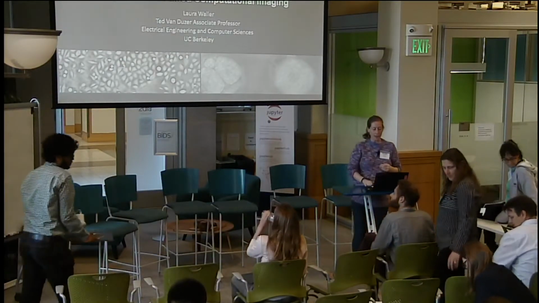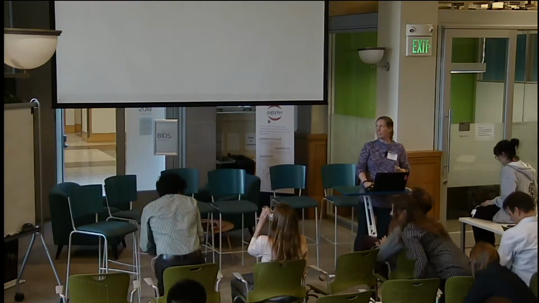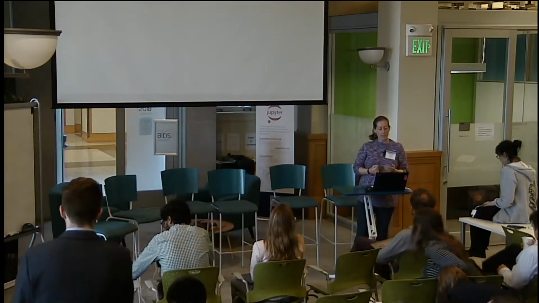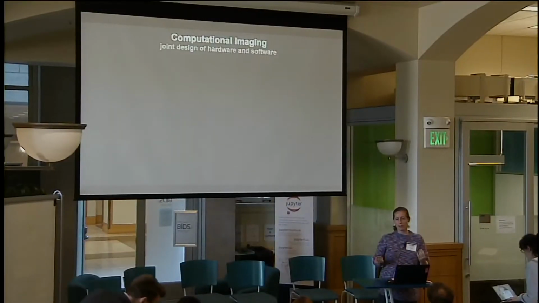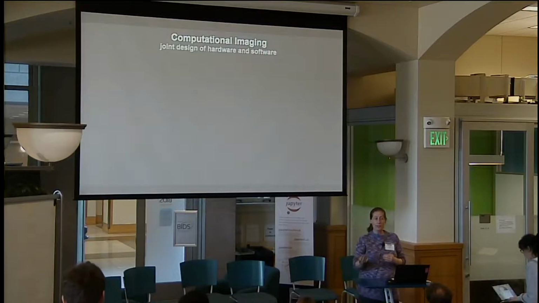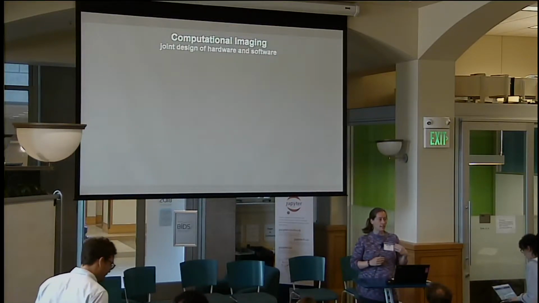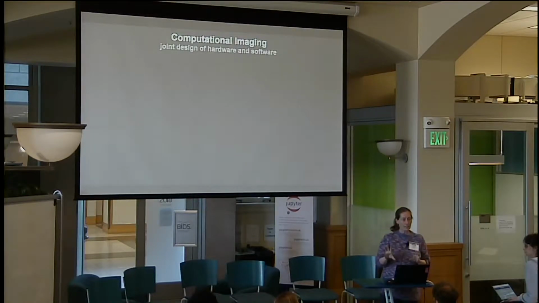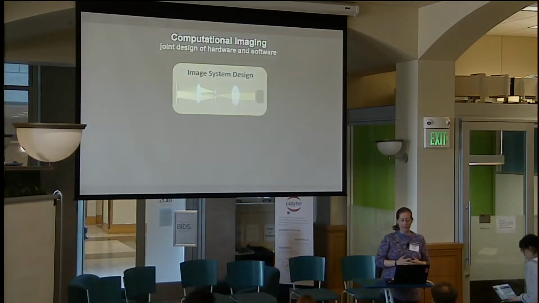This idea of computational imaging is that you should design imaging systems by thinking about both the hardware and the software together. If something's best done by optics, do it with optics. If it's best done later in computational post-processing, do it later. So it's not just image processing and it's not just optical system design, but how the two interplay with each other.